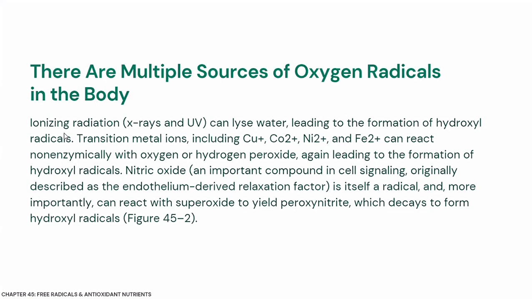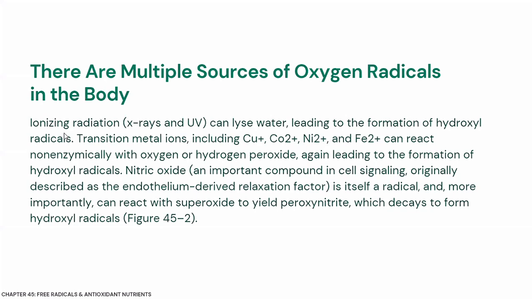All right. So we have ionizing radiation, X-rays, UVs, that lyse water, leading to the formation of hydroxyl radicals. Transition metals, including copper, cobalt, nickel, and iron, can react without the use of enzymes.